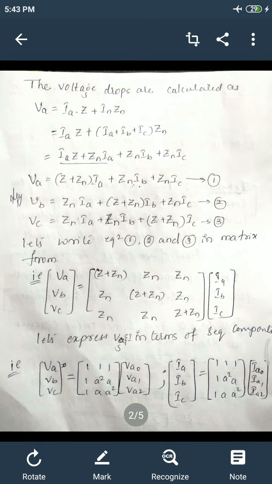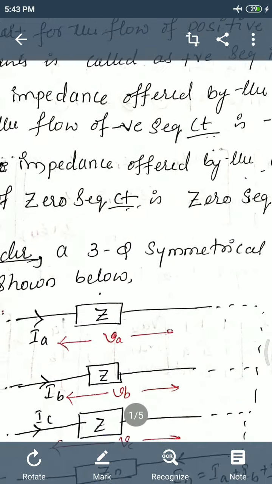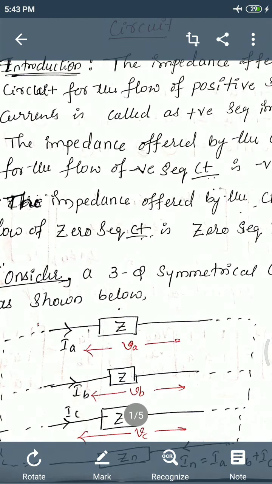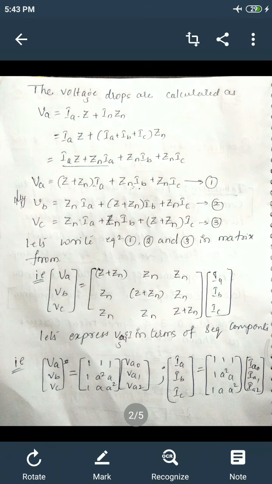The voltage drop can be calculated as follows. Observing the circuit, VA is equal to IA into Z plus IN into Zn.